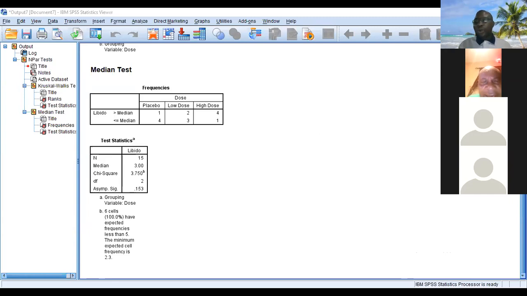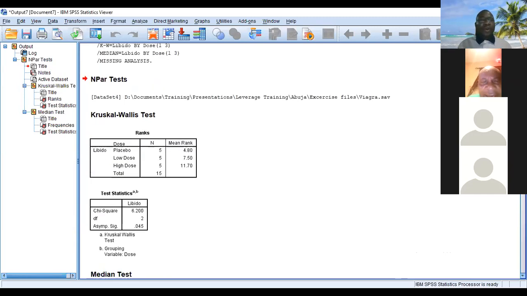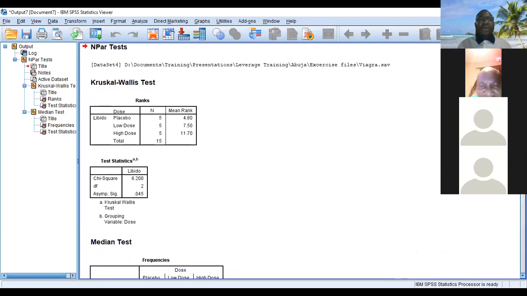So for the Kruskal-Wallis, if you rank them, mean rank, it now gives you chi-square, because even the Kruskal-Wallis is chi-square. I've said it before. Most of these nonparametric tests are chi-square.